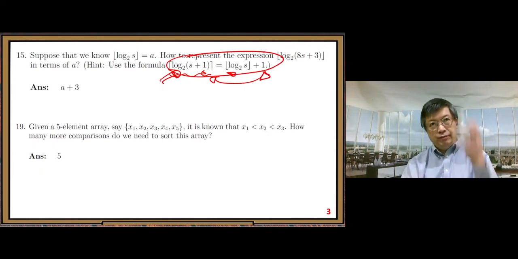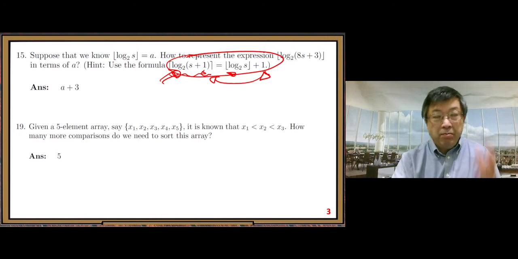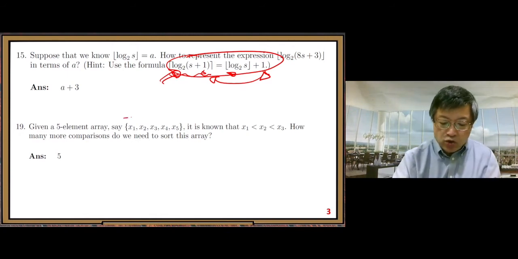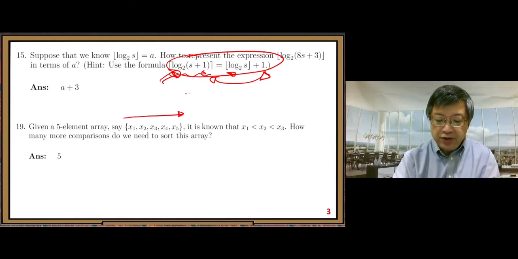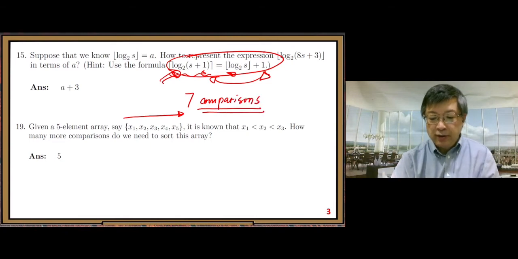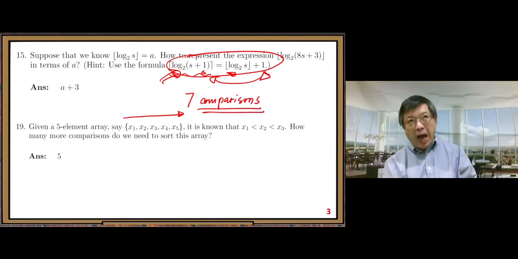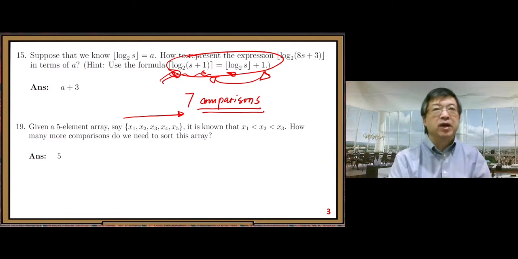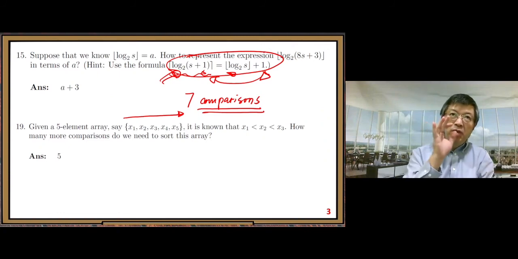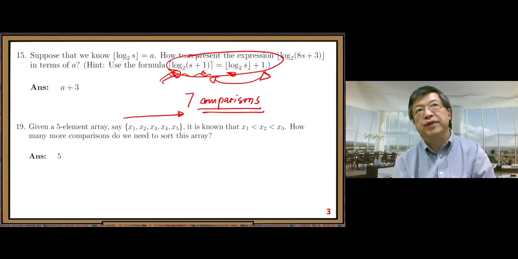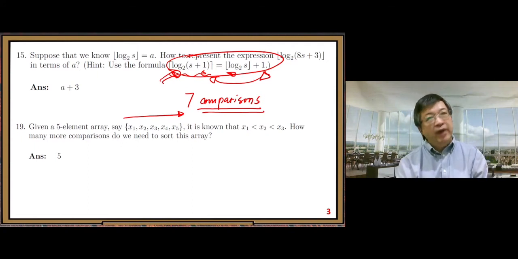First, they use the background that with the best algorithm, we can sort a 5-element array using 7 comparisons. Okay, that's true. The best algorithm, 7 comparisons. Now they claim in this way. I used this explanation once before, but when we use this way, we should be very careful.